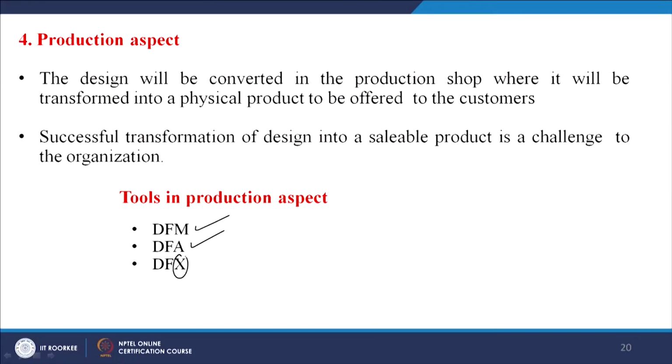So there are the tools, as I have already told: design for manufacturing, design for assembly, and design for X, where X can be reliability, it can be quality, it can be manufacturing and assembly, it can be cost. X can take any form. So we will try to use these concepts when we are going to finally manufacture our product.